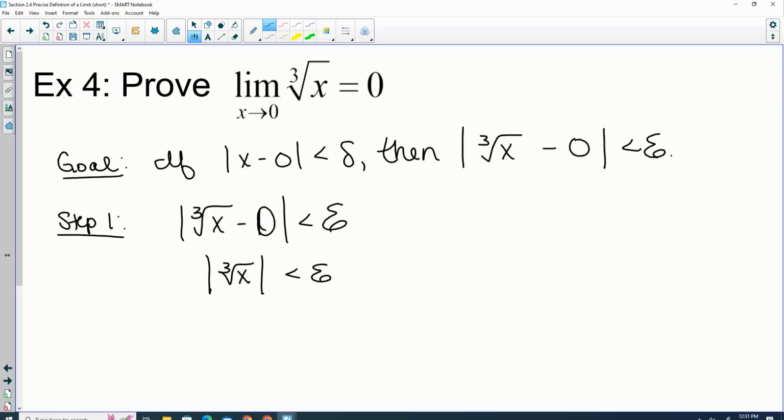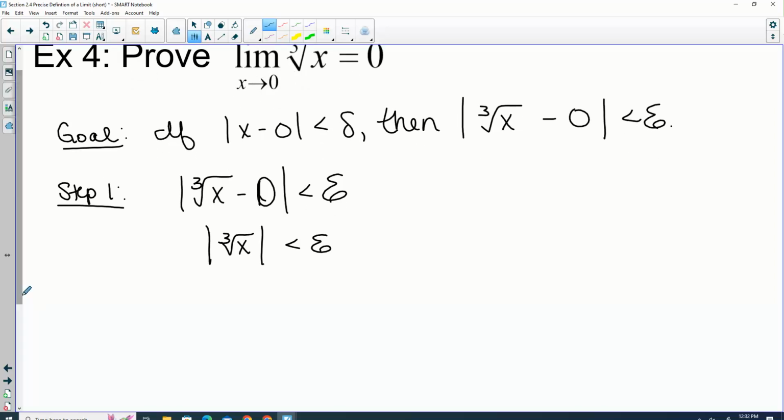What would I do now? How do we get rid of a cube root? Cube it. Now, will the absolute value make a difference? Absolute value will make it positive. When you cube it, will that change anything? If you cube a positive, it's still positive, right? So what we're going to do is cube each side.